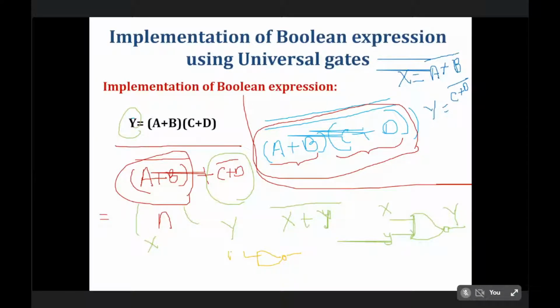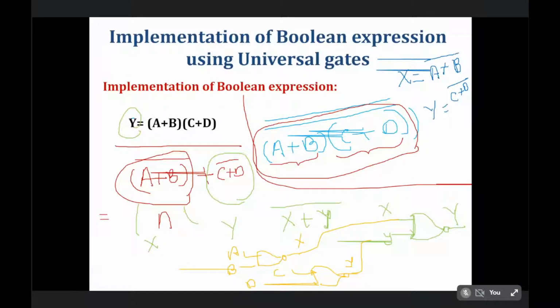This will be a and b, and it will be x. Now we will replace this with c and d. It will be small y. So by connecting this, it will be converted into the NOR implementation.